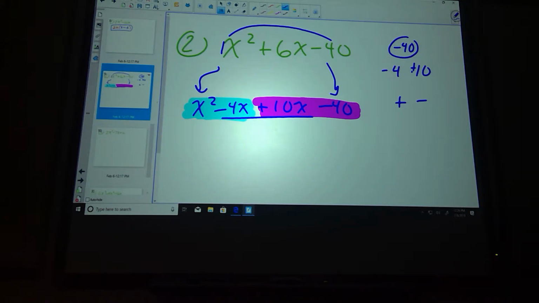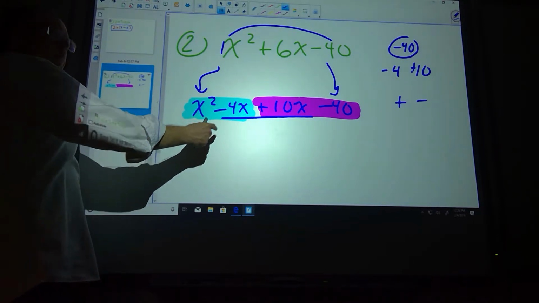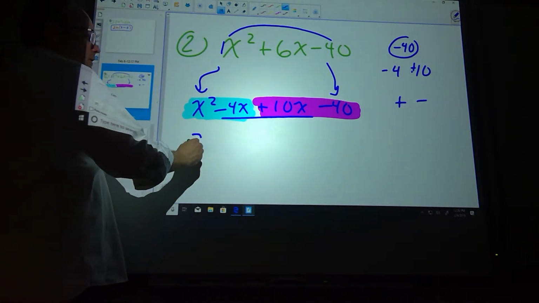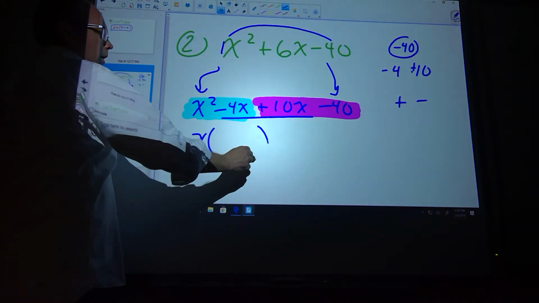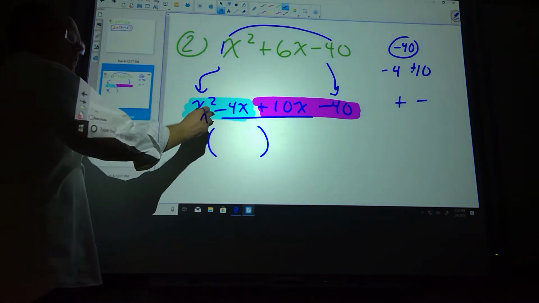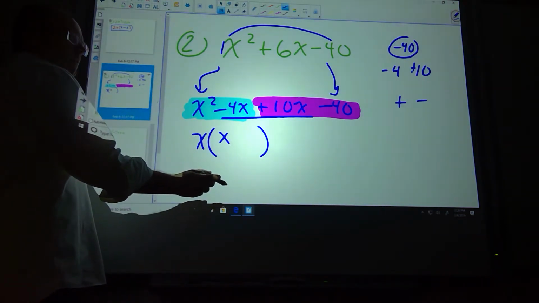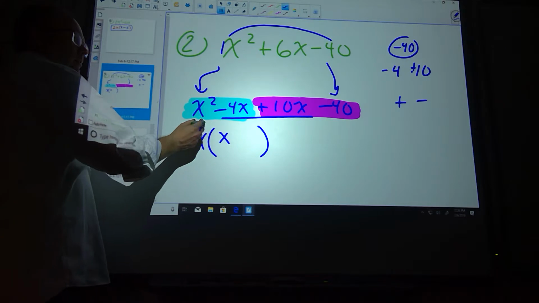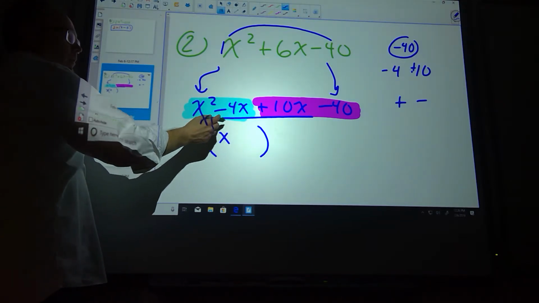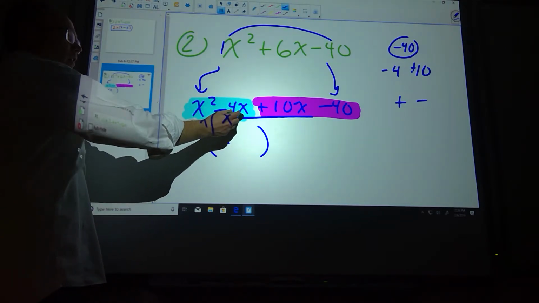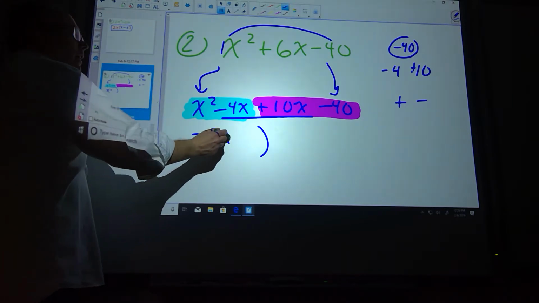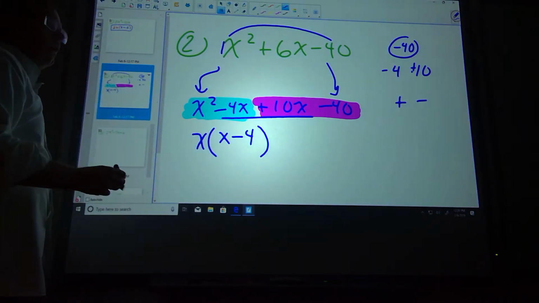So I'm going to factor by grouping. So the blue color, what do I have in common between those two? An X. And then what am I left with? X. And? Mine's different on mine. Okay, but looking at mine, we might have gone backwards, but just looking up here, if I factor an x out of both of those, what do I have left? There you go. Cool. All right.